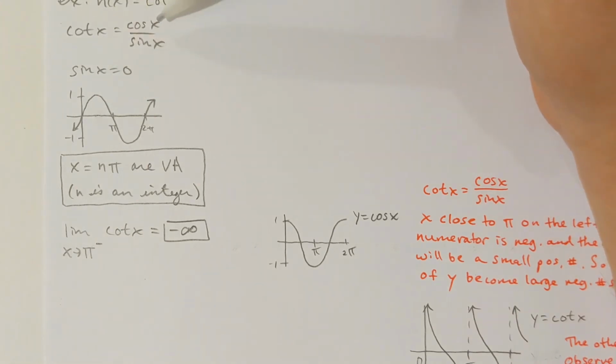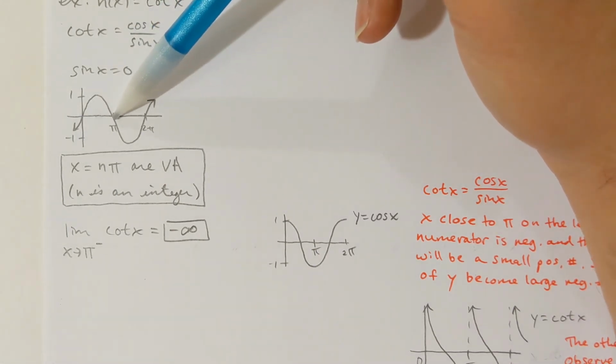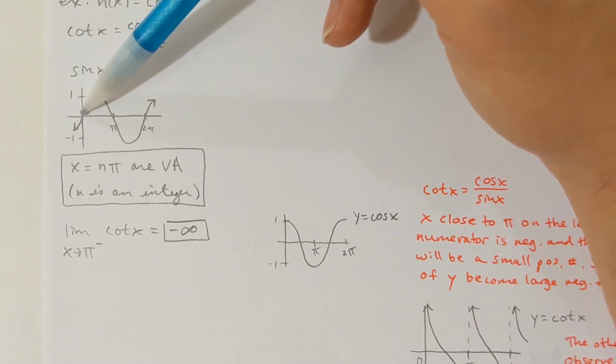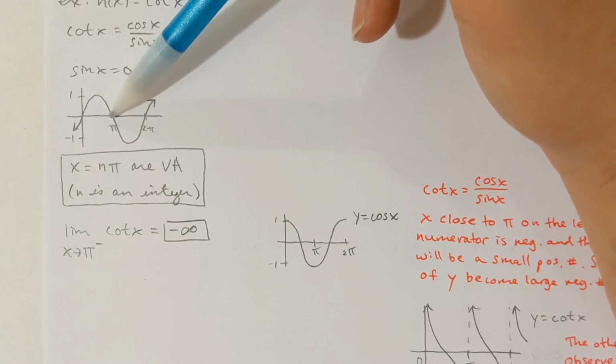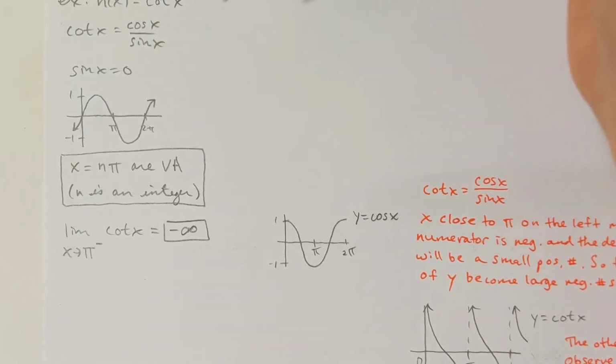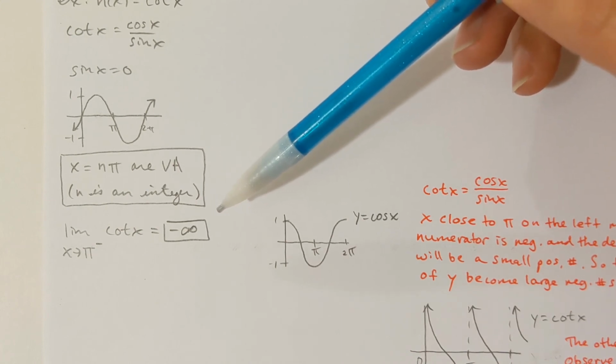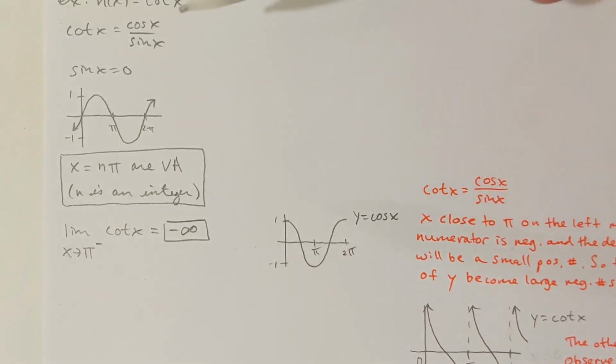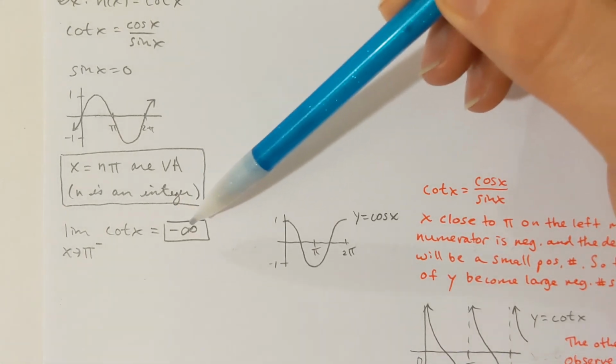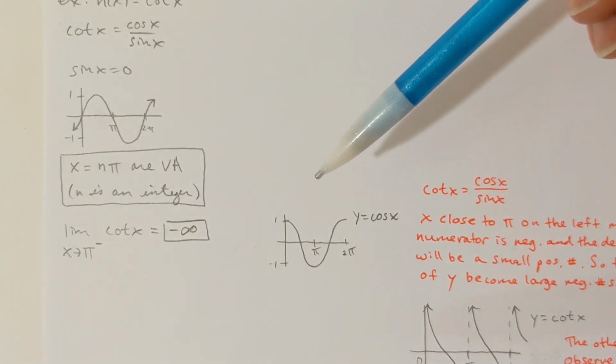So we have a negative divided by a small positive. It's going to be a small number because the y value would be close to 0 here. A negative divided by a small positive would produce a very large negative. So negative infinity would be my answer.